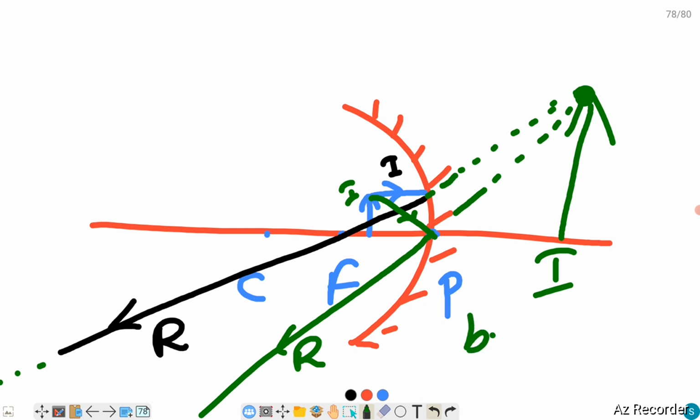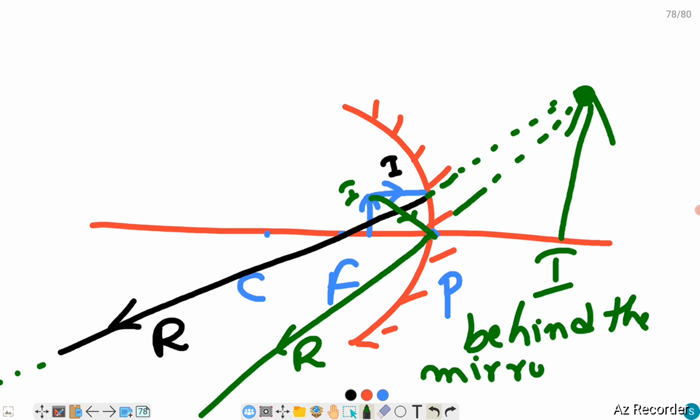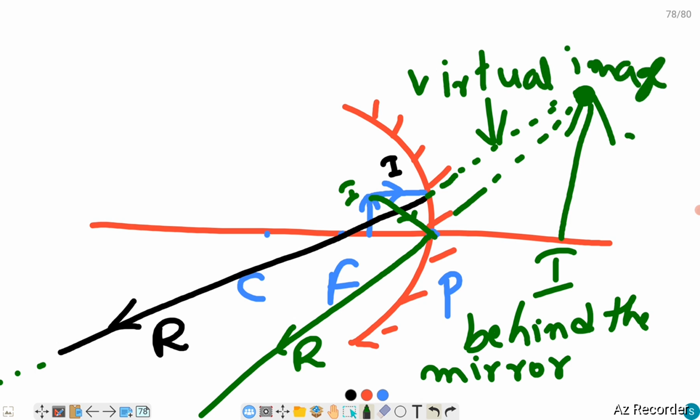It is forming behind the mirror, and it is a virtual image, formed due to the extended reflected rays. It is virtual and erect. Understood? And observe the size of object and image. The image is bigger, so it is a magnified image.